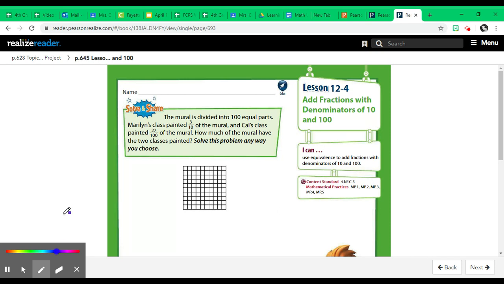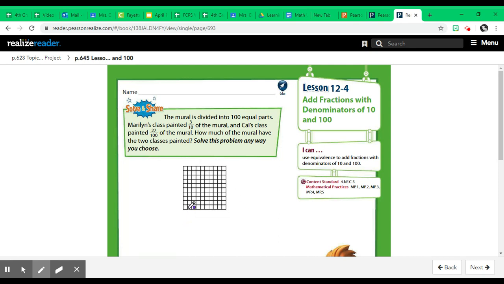All right, Super Scholars, I'm going to go ahead and go over this with you. If you are still working, tune in and you can check with me. So we have 3/10 for Marilyn's class. Now, when I look at this, I don't see this split into tenths, it's split into hundredths. I want to think about how I could imagine that this was in tenths. And I know that a hundreds chart has 10 rows of 10.